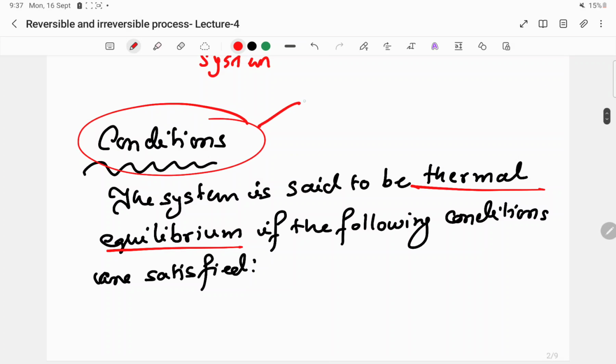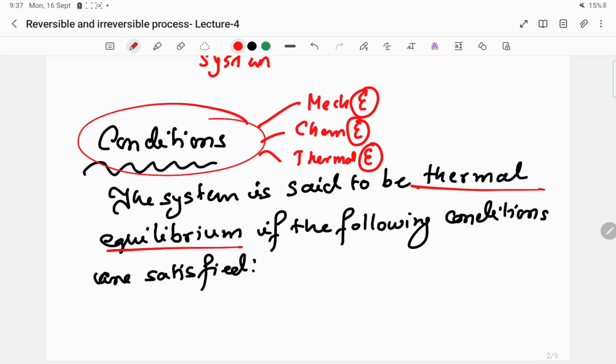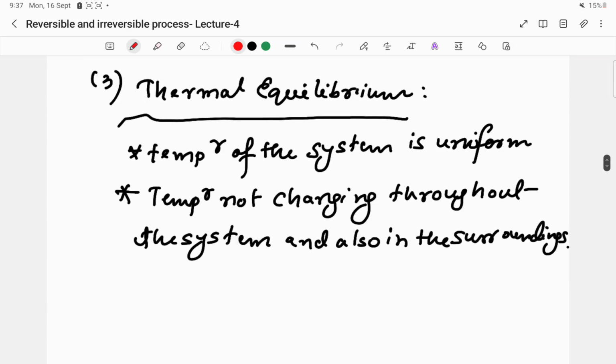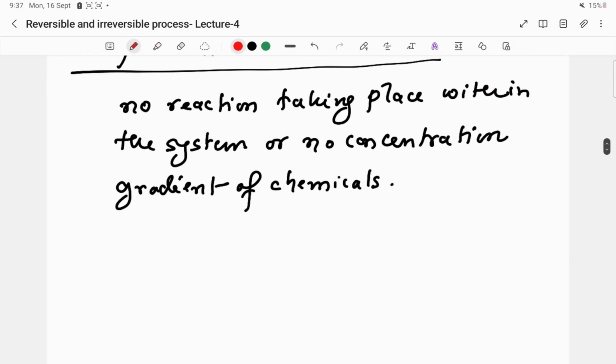The conditions are, it has to be in mechanical equilibrium, it has to be in chemical equilibrium, we'll explain this, and it has to be in thermal equilibrium. It has to follow these three equilibriums so that the entire thing should be in equilibrium. We'll go through all this.